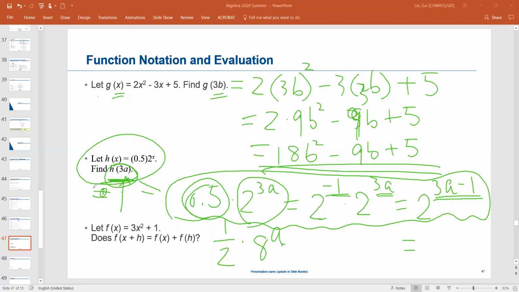Is it correct? But they are the same, right? Here is the same, here is the same. So it depends on the calculation. This is the exponent part.